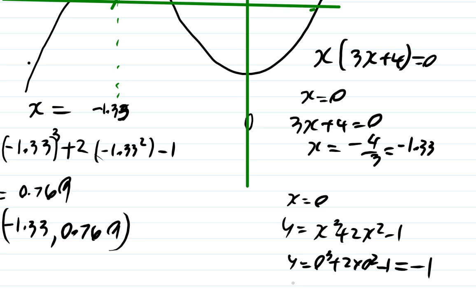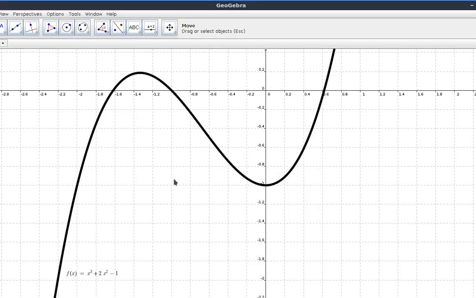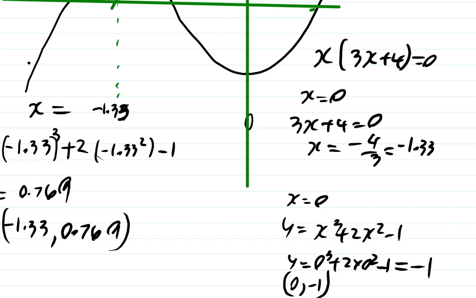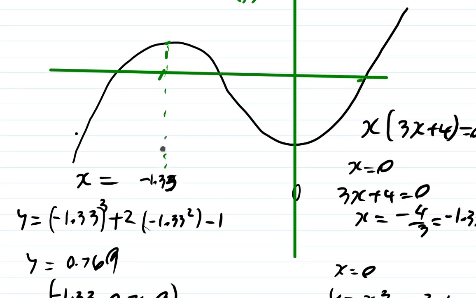So the other point will be located at 0 and negative 1. So you're at negative 1.33 right here and 0.769. Good. And the other one is 0 and negative 1. You can see it on the curve. So those would be the locations of the stationary points.